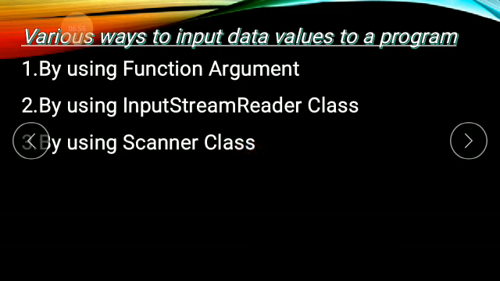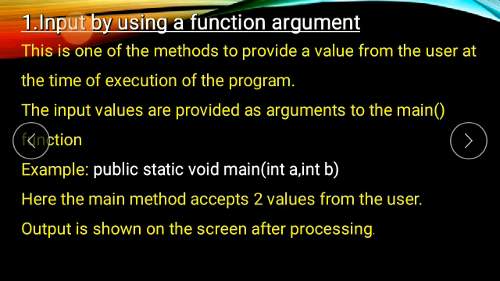Today we are going to learn how we can input data values to a program by using function argument. First, input by using a function argument. This is one of the methods to provide a value from the user at the time of execution of the program.